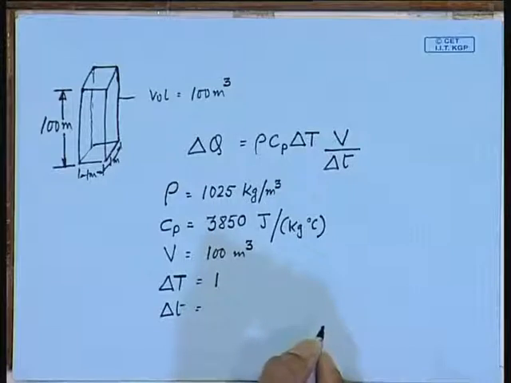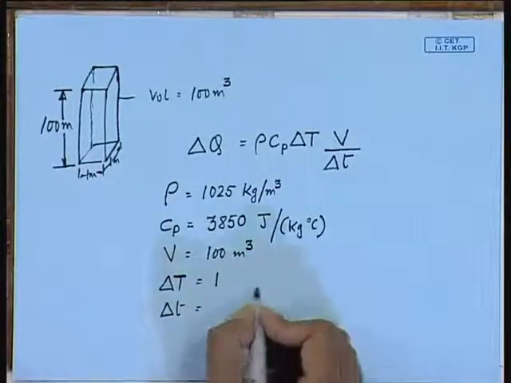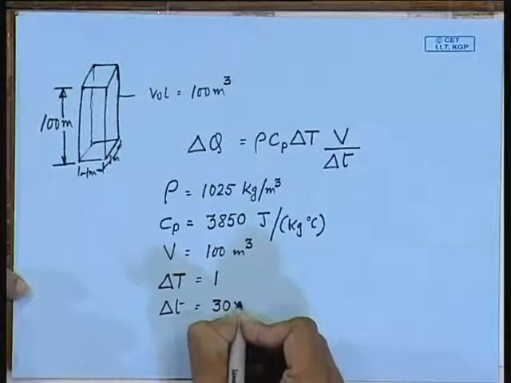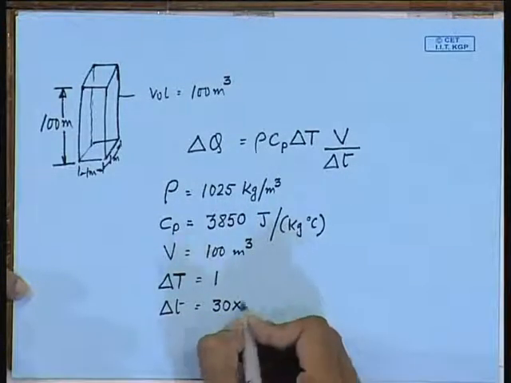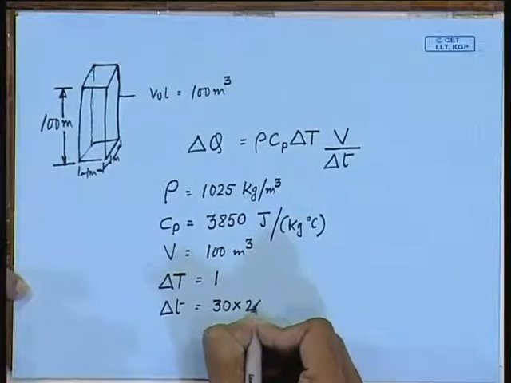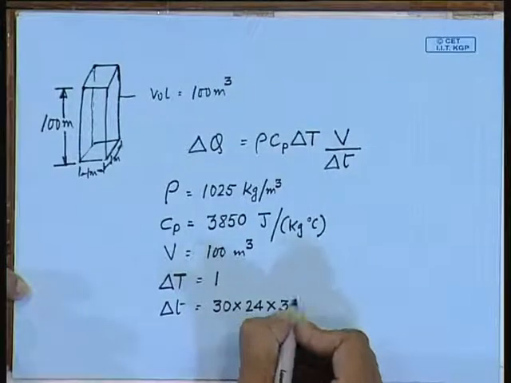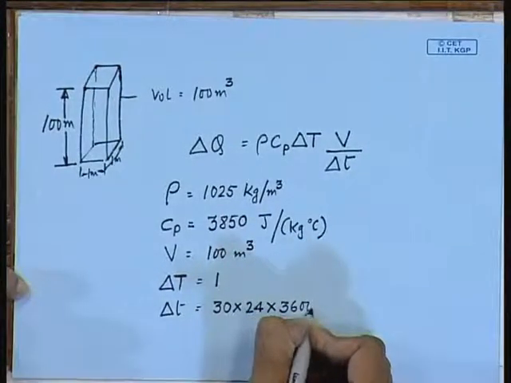So the change in temperature, that is 1 degree centigrade, is occurring in 30 days. So per second if you do, you divide by delta t. So this will be 30 into how much? 1 day is how much? 24 into 3600. Okay. So now you calculate.